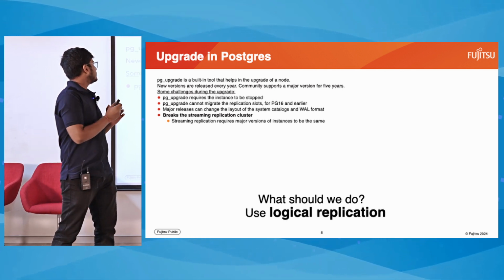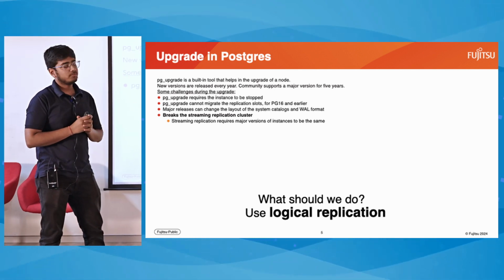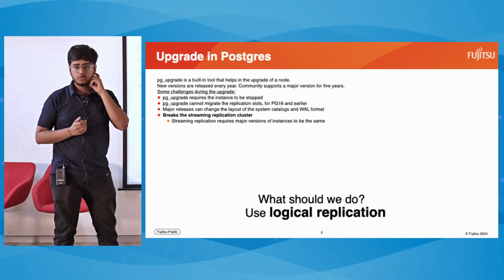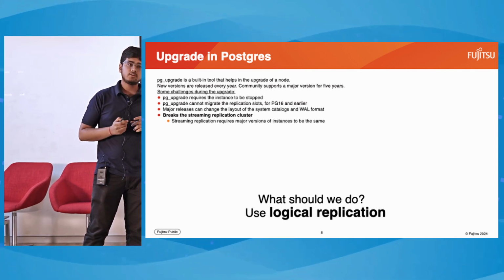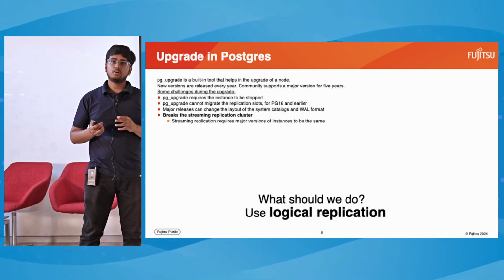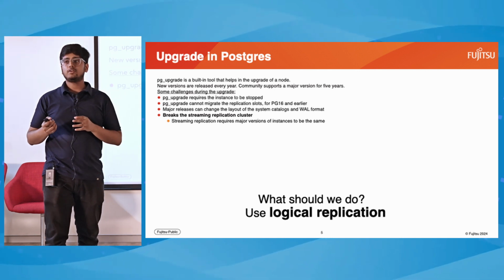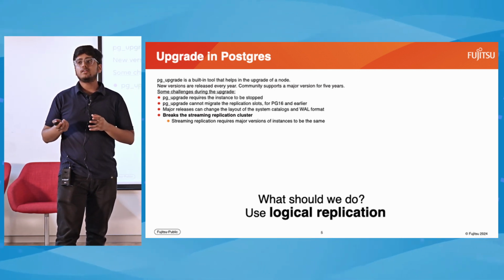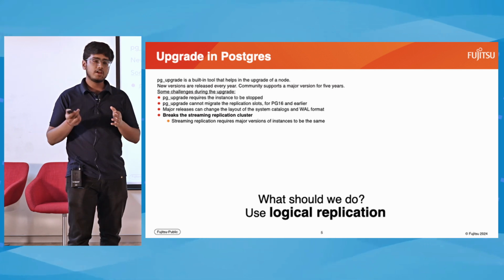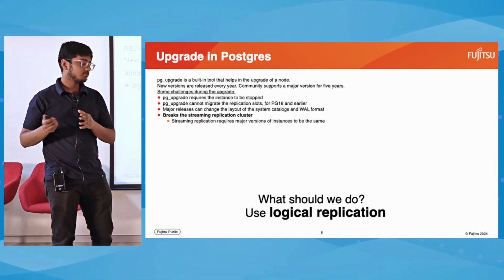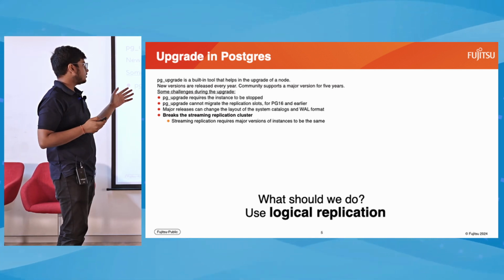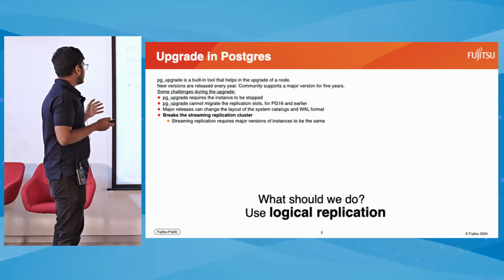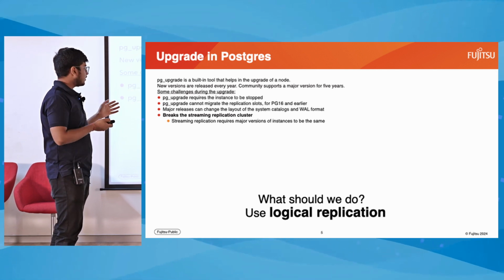There are some challenges during upgrade. During upgrade we have to stop our server, because to mitigate the risks, during upgrade users should not perform any operations, and there should be no operations like autovacuum. To prevent those scenarios, we need to stop the instance during pg_upgrade.